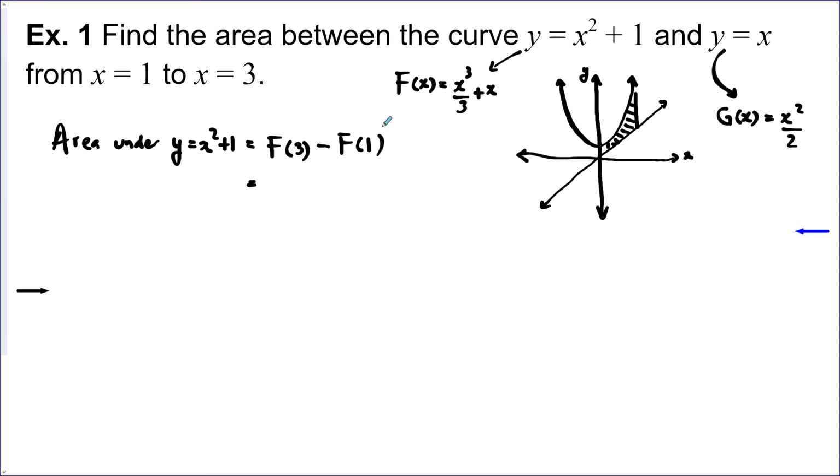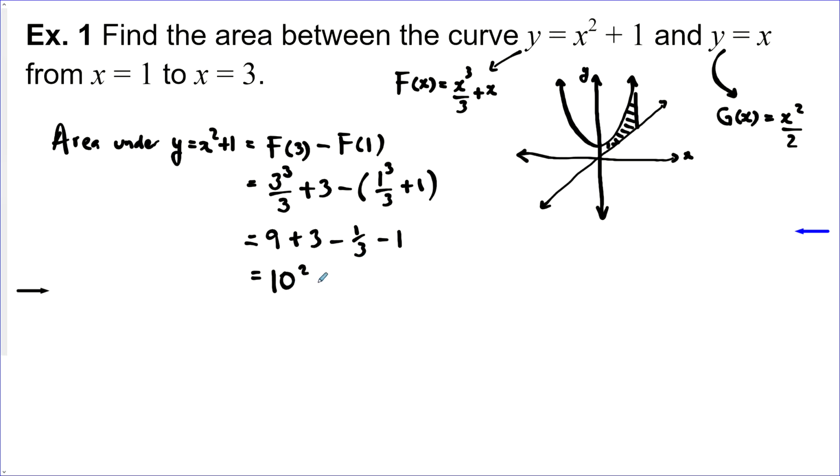So we put 3 into this equation here, so 3 cubed divided by 3 plus 3 minus, and I'll put it in brackets, 1 cubed over 3 plus 1, close bracket. 27 divided by 3 is 9, plus 3 minus a third and minus 1 when we distribute in the negative sign there. And then we got 9 plus 3 is 12, minus 1 is 11, minus a third would give us 10 and 2/3.